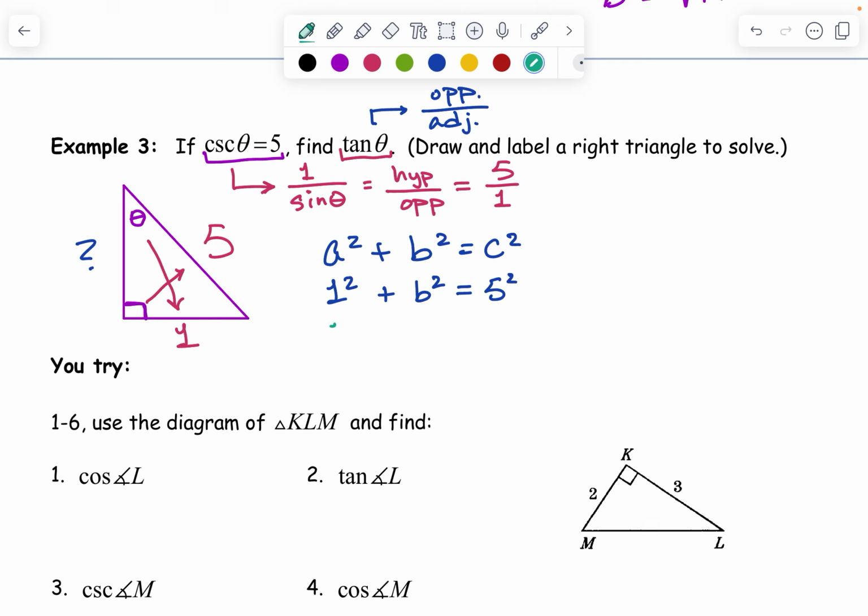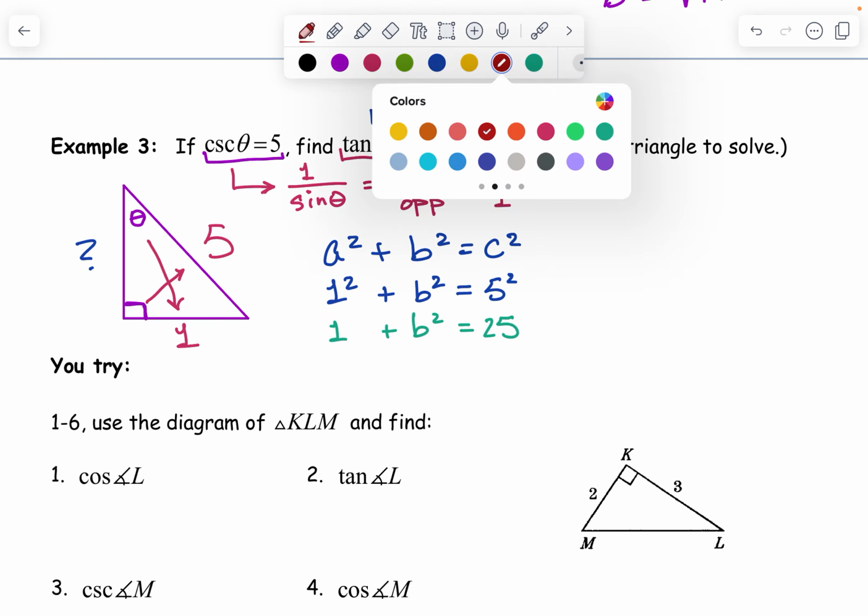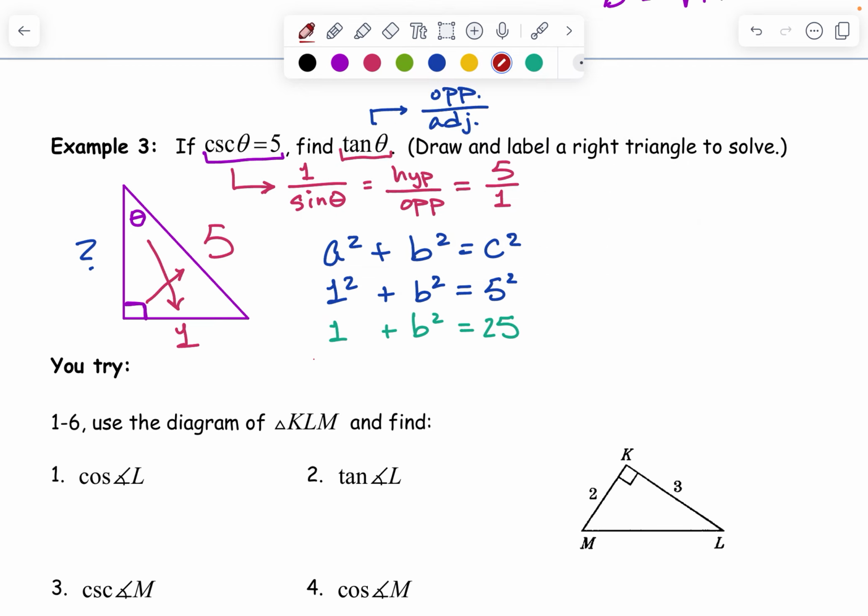So 1 squared is 1, b squared is unknown, 5 squared is 25. And then I'm just going to go through the process of solving for b. I'm going to subtract 1 from both sides. B squared equals 24. I'm going to square root both sides. B equals root 24.